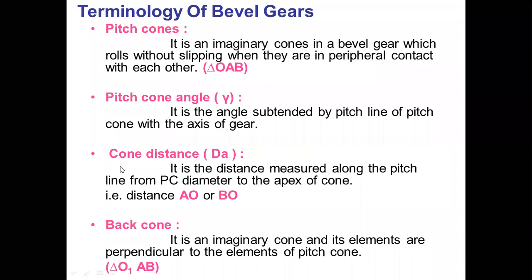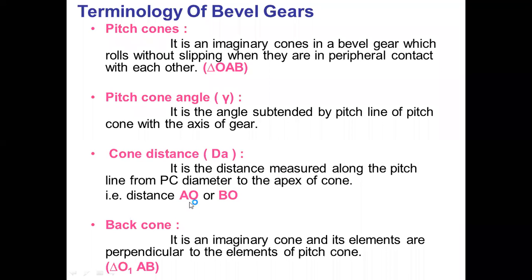What is the next terminology? Cone distance. It is the distance measured along a pitch line from the pitch circle diameter to the apex of the cone.